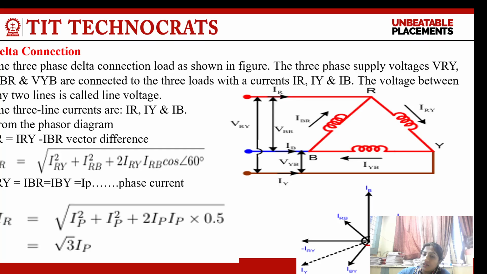Now if we consider Irb and Iry, positive and negative, and use the similar parallelogram rule, we can evaluate the resultant current. This is a positive Ry and this is a negative Ry. R is common, so we can name this resultant Ir. Now using vector analysis, we can again solve.